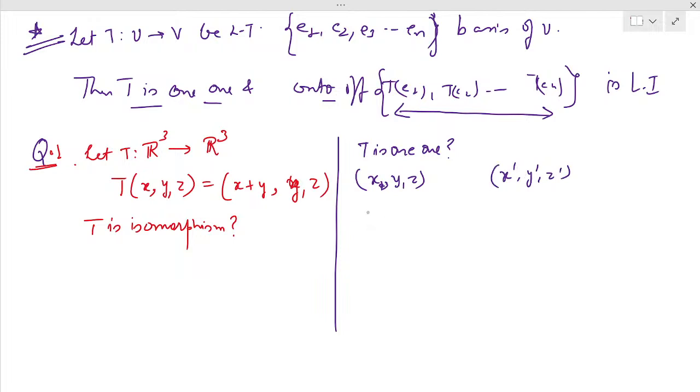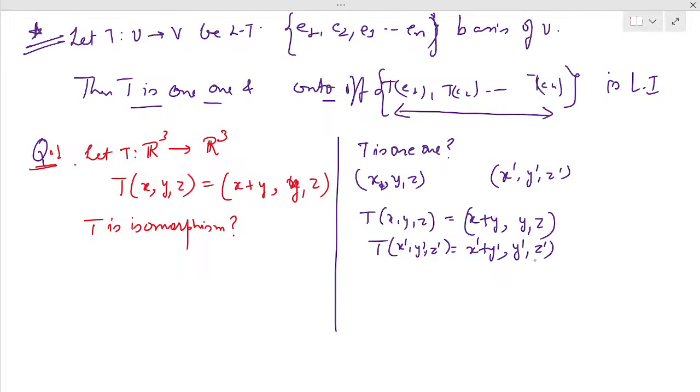Now if I take T of x comma y comma z, what do I get? It is equal to x plus y comma y comma z. And if I write T of x dash y dash z dash, I get x dash plus y dash comma y dash comma z dash.